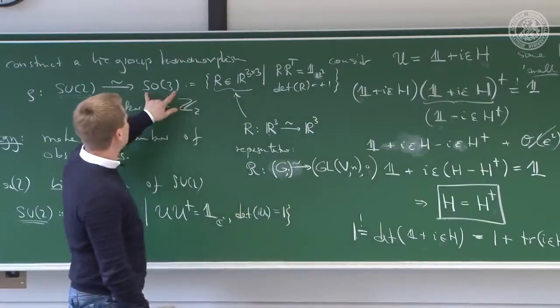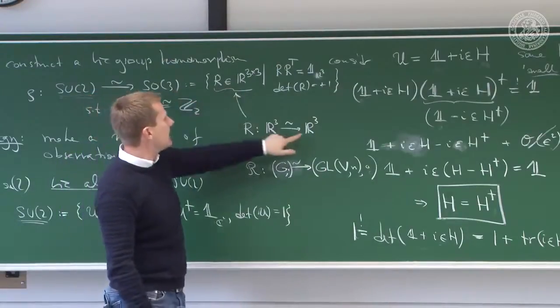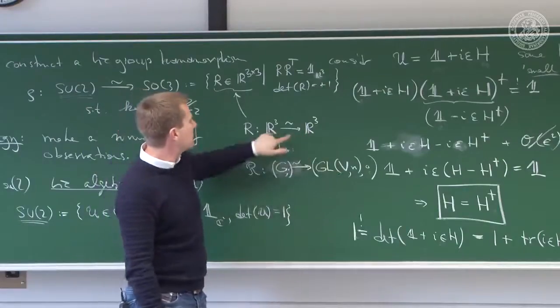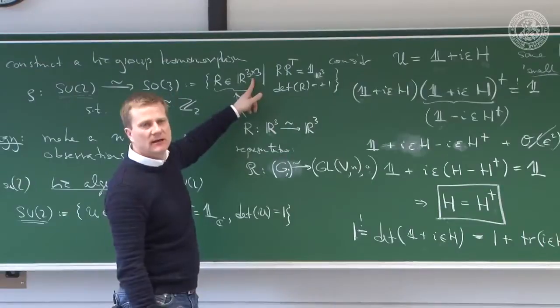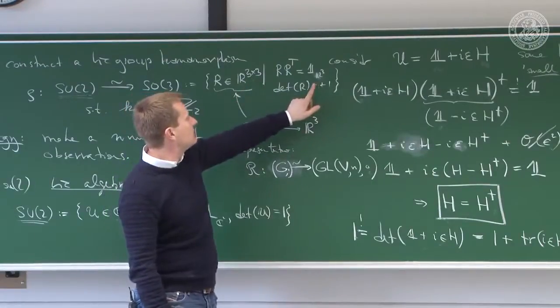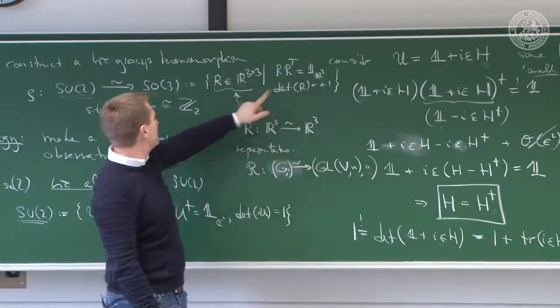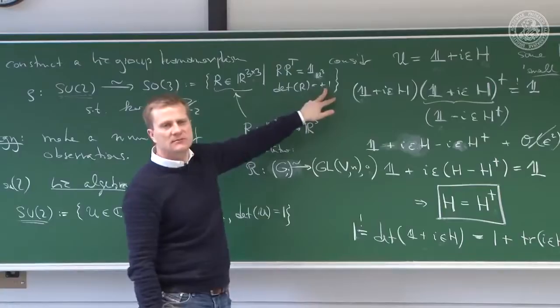So you can consider SO3 as R's in End R3, in GL R3. But GL R3 are just the 3 by 3 real matrices that have determinant non-equal to 0. And if you then have SO3, you even know the determinant is +1.